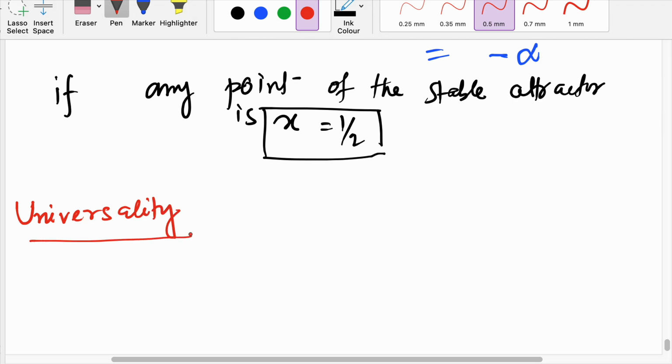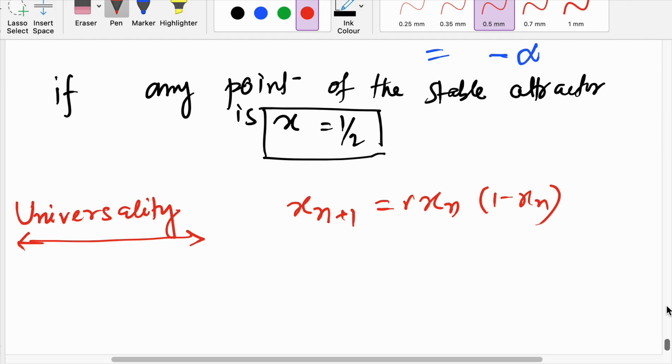Universality. Whatever we have seen here, is it only true for this logistic equation, x_{n+1} = r x_n (1 - x_n)?